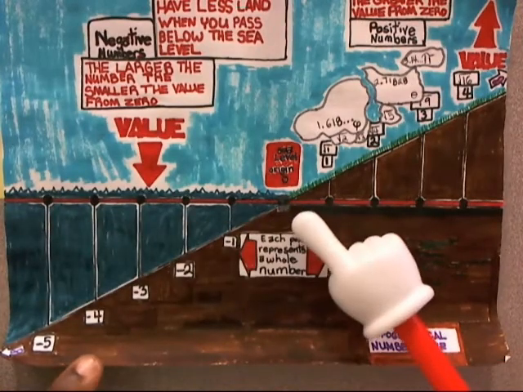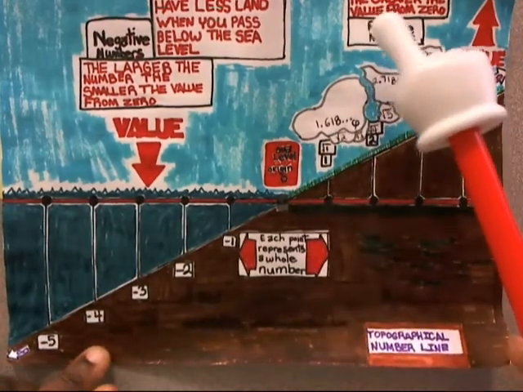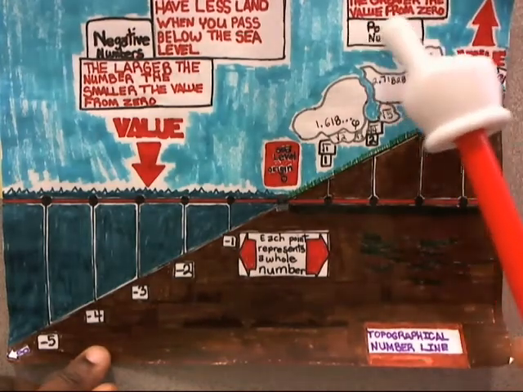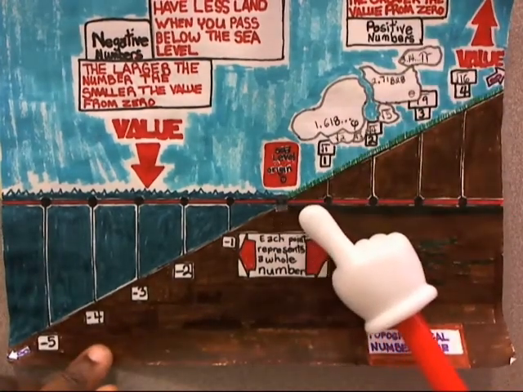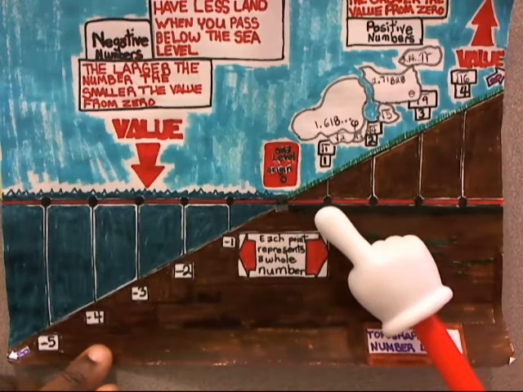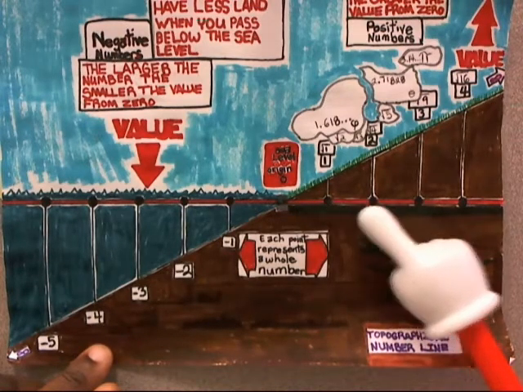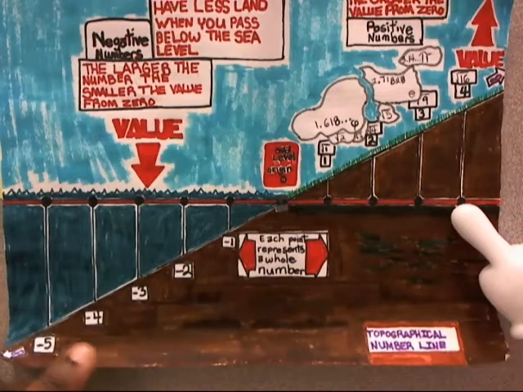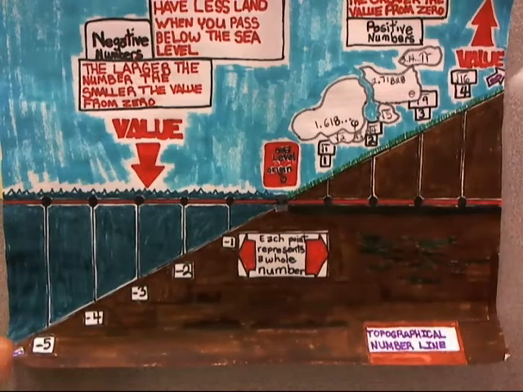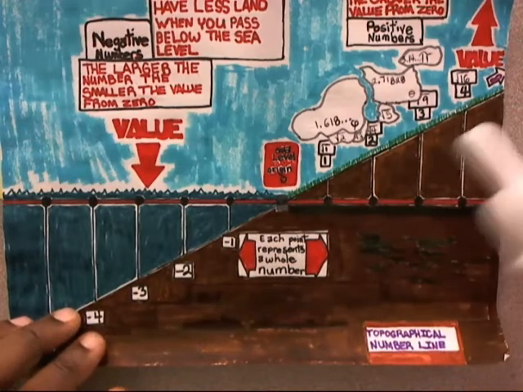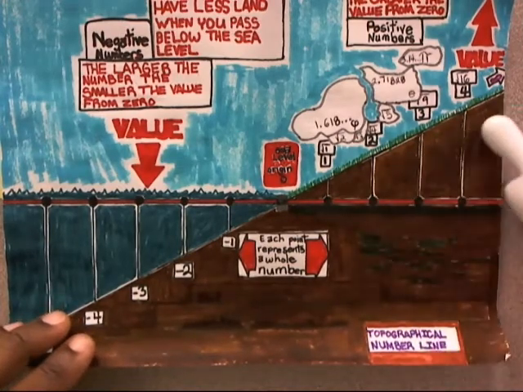You've got to understand that the larger the number, the greater the value from 0. The farther away to the right of the 0, or the origin, the value gets larger, and you can tell that by the land. The land is getting larger.